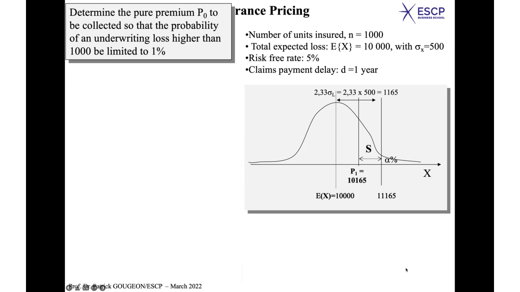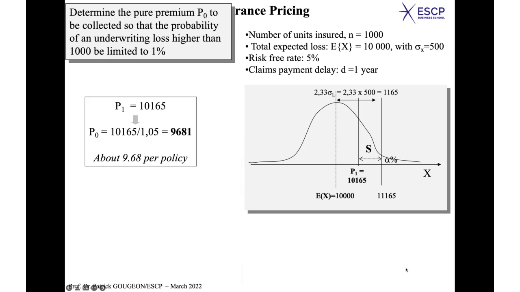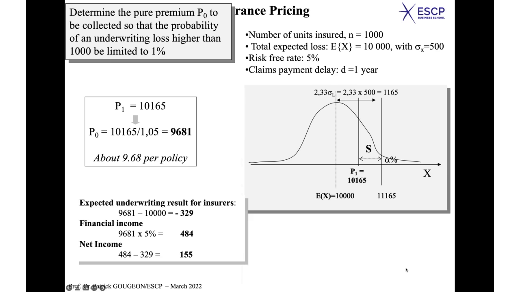So in other words, if you have an expected loss of 10,000, okay, then you need to have an amount of money available after 1 year of 11,165 to comply with your safety rule. Okay, so now what should be the value to be collected today? About 968 per policy, because altogether you should collect 9,681.